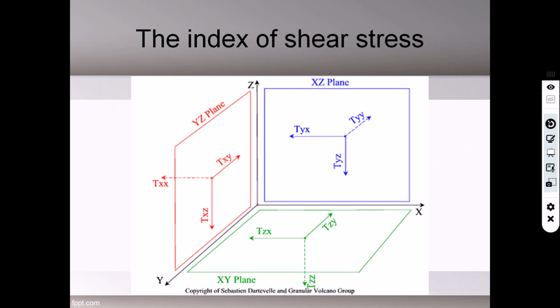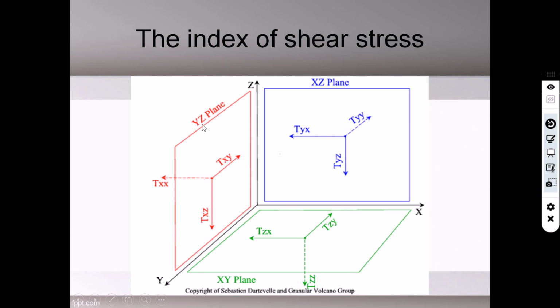And your shear stress here uses the same concept. Its first index tries to indicate that Rn. But when we write down shear stress, we are not picking an arbitrary coordinate, we pick the coordinate in this way, the x, y, z. So they are perpendicular to each other.